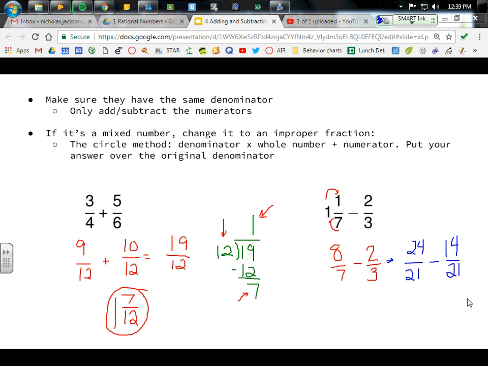So we only really have to do 24 minus 14, which is 10, and our denominator remains 21. So this becomes 10/21. So that's our answer.